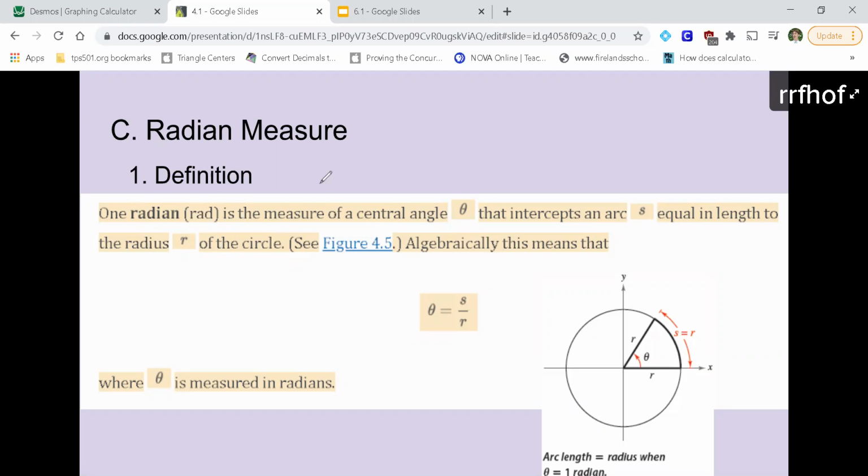A radian is a mathematically defined interpretation of what an angle is. We could say that this angle, theta, will equal the arc it intersects, S, divided by R, such that 1 radian will occur when the arc length is the same as the radius.